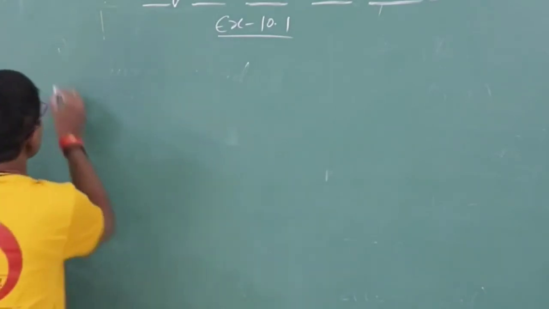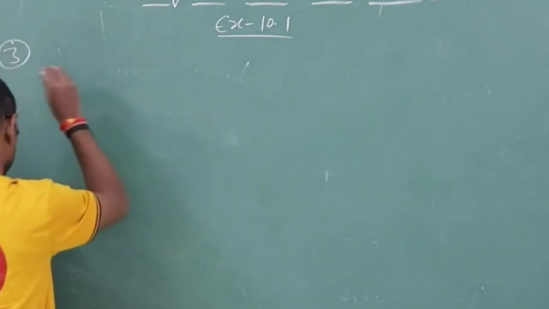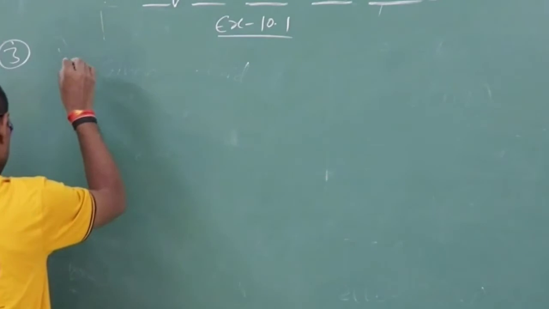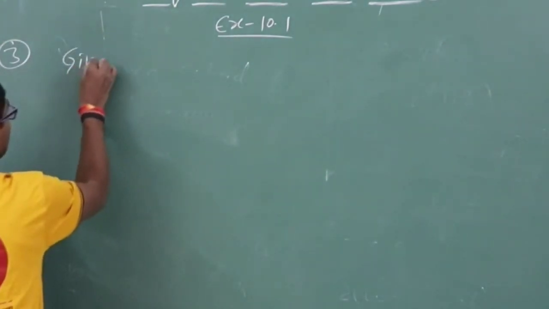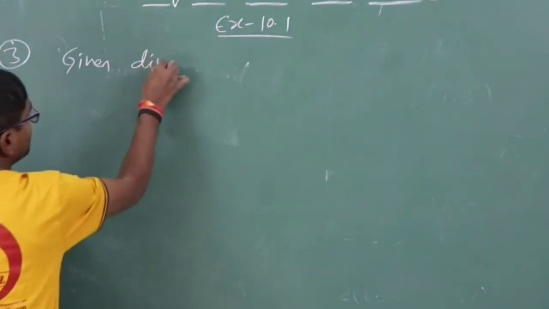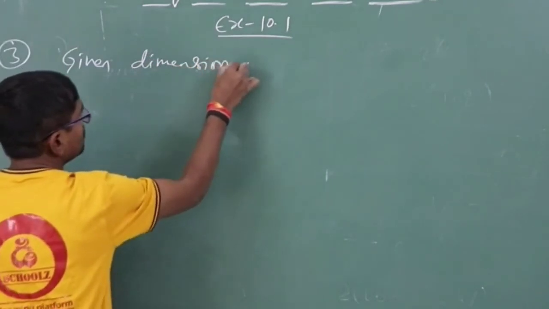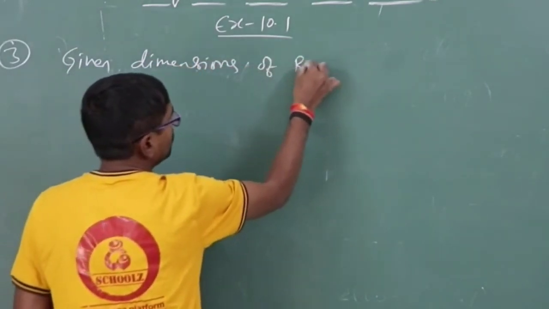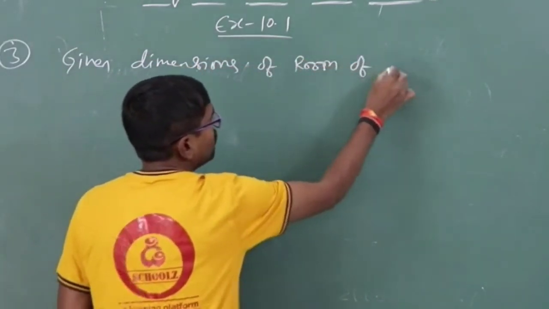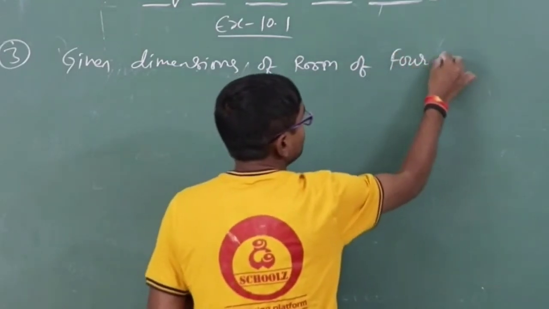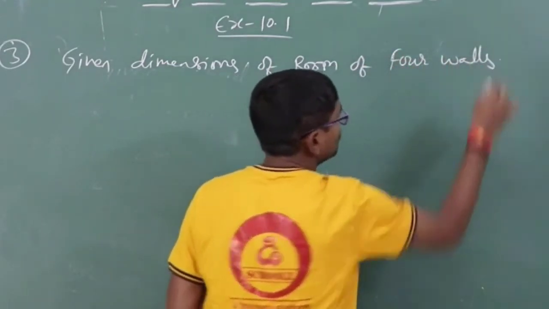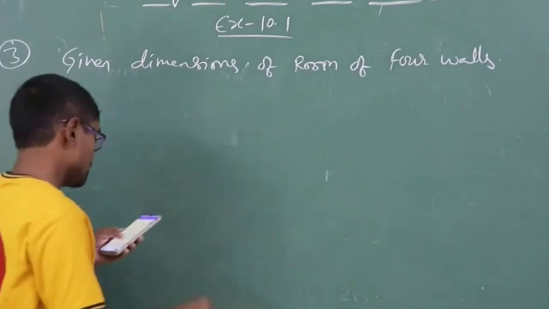Okay, so let us take this. Given 4 walls of given dimensions of the room. What are those dimensions?